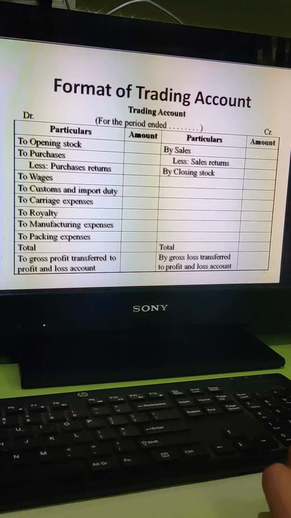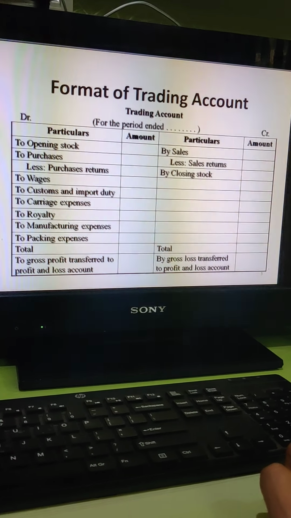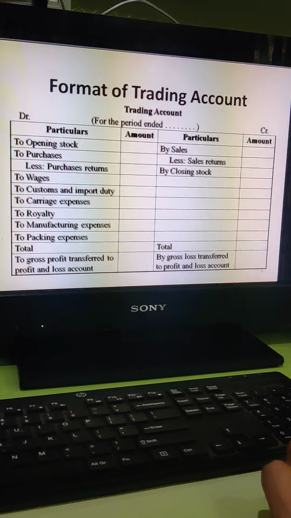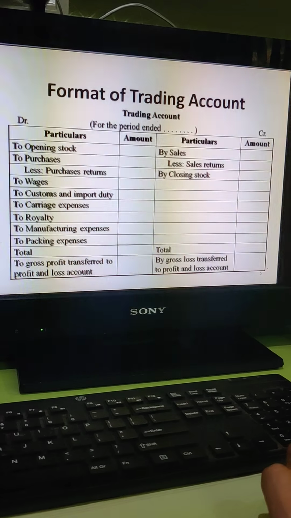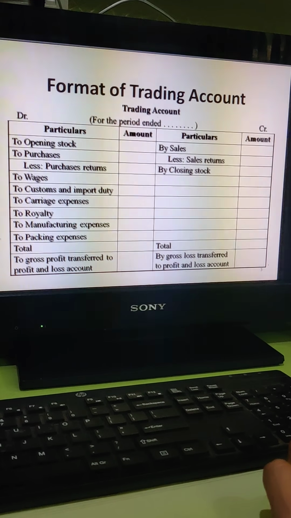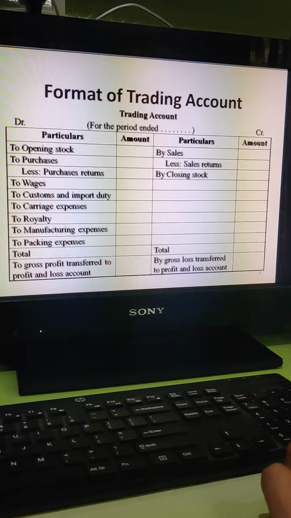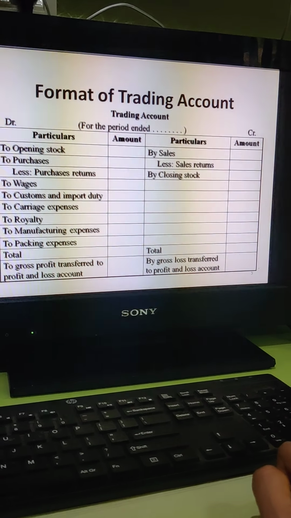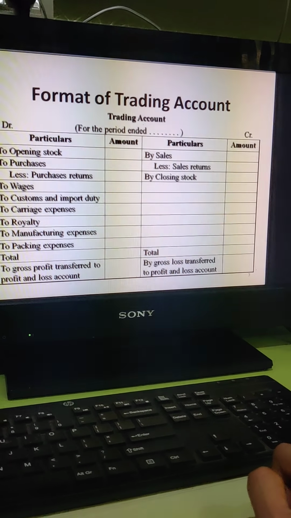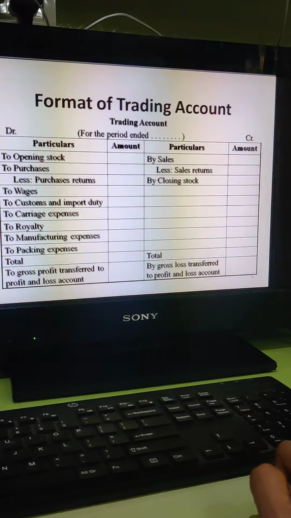The stock that has been unused at the end of the accounting year is called closing stock. The opening stock is the amount of the stock that was unused at the beginning of the accounting period, and the closing stock is the stock that remains unused at the end of the accounting period.